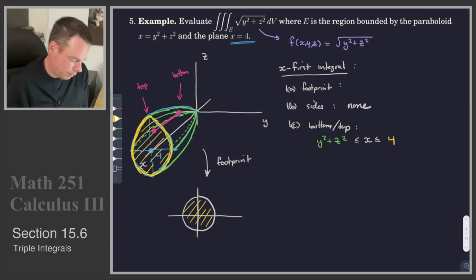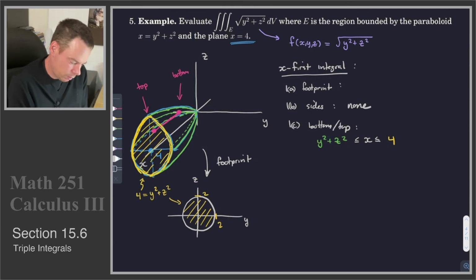So how do we get that boundary curve? Well, that boundary curve is the points y and z on the paraboloid which correspond to an x value of 4. So this is where the plane and the paraboloid intersect. So it's y squared plus z squared equals 4, and that's a circle. This is a circle of radius 2 in the YZ plane.